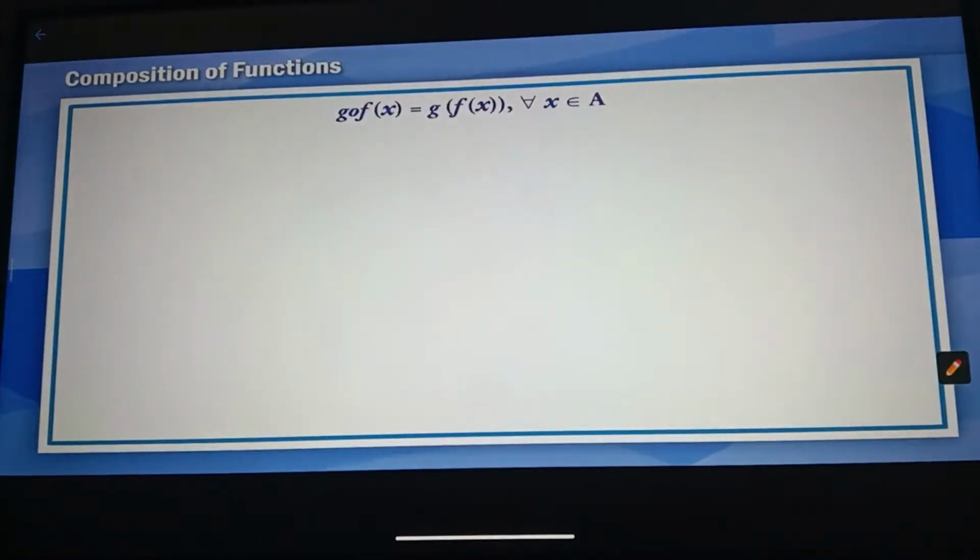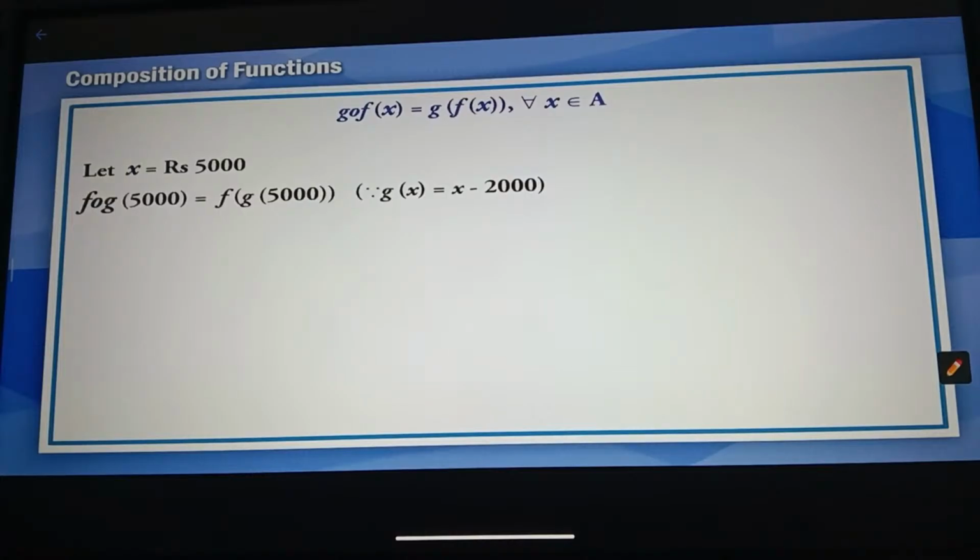In the above case, the purchase is of 5000 rupees. So, taking x as 5000 rupees, the composition of f and g at x equal to 5000 is equal to f of g of 5000. Now, g of x is equal to x minus 2000.